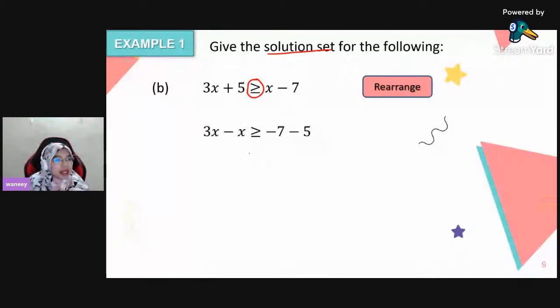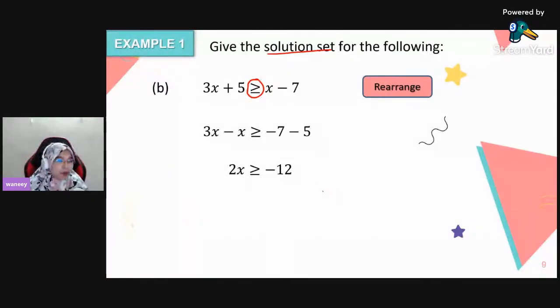So we got 3x minus x greater than or equal to negative 7, negative 5. And then of course, simplify a little bit: 3x minus x will become 2x, and negative 7 negative 5 is negative 12. So we got 2x greater than or equal to negative 12.